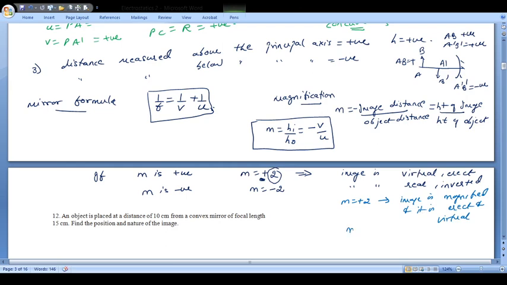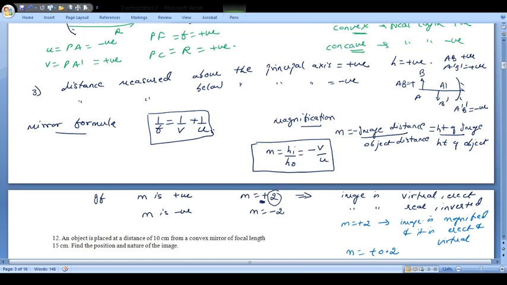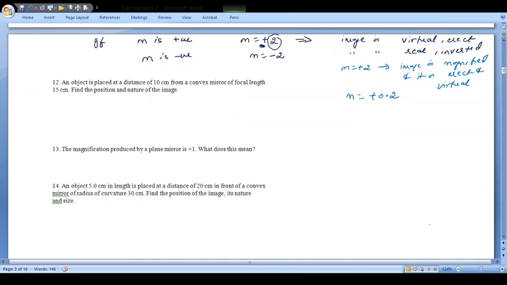If I say magnification is plus 0.2, what will you say? Here you will say that your image is smaller in size and it is erect and virtual.